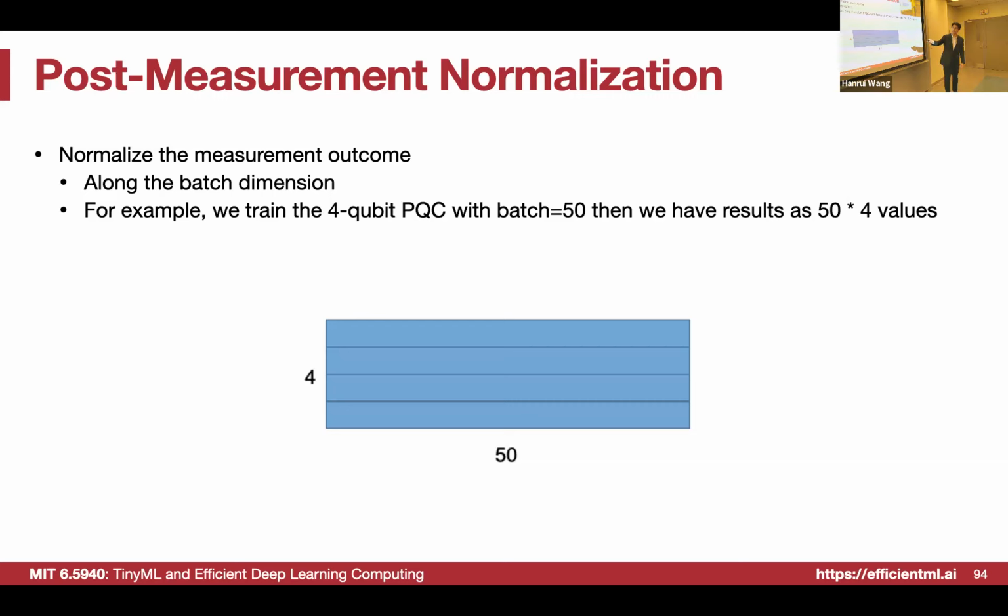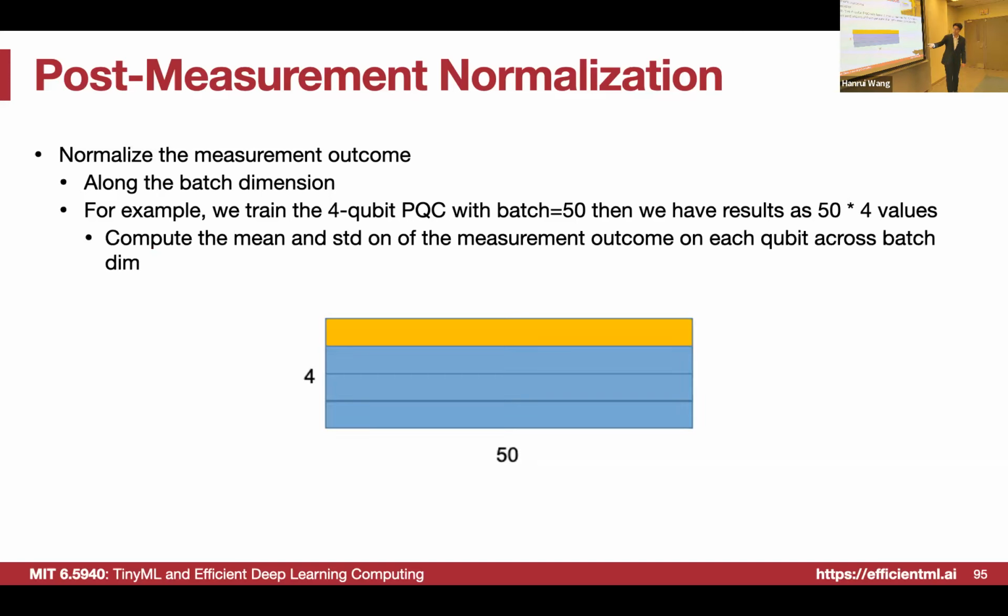The first keyword is that we need to do the normalization on the batch dimension. Say we have 4 qubits, and 50 batch during the training for the classifier, and we need to make sure that the standard deviation and also the mean are computed on the batch dimension, not the qubit dimension.